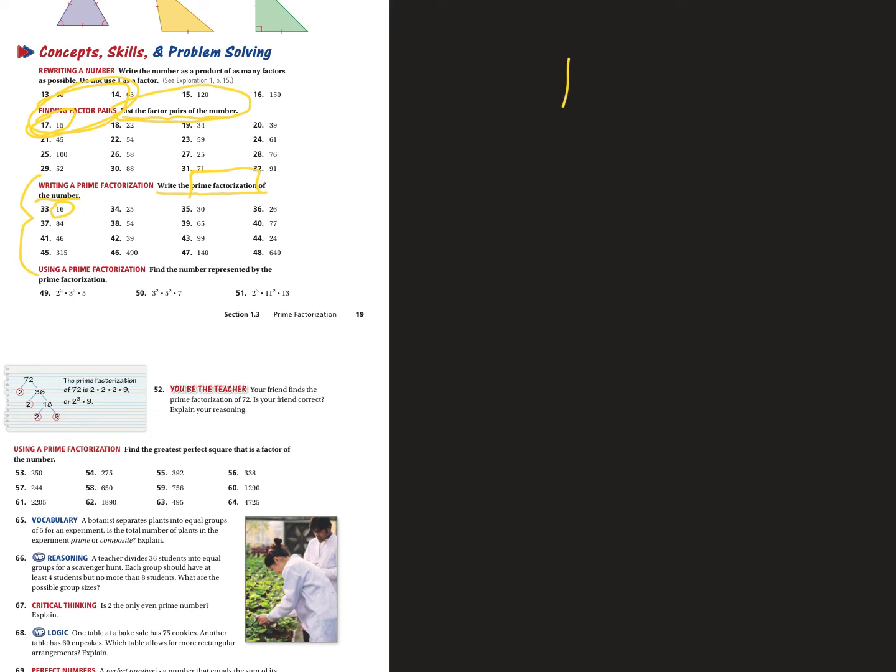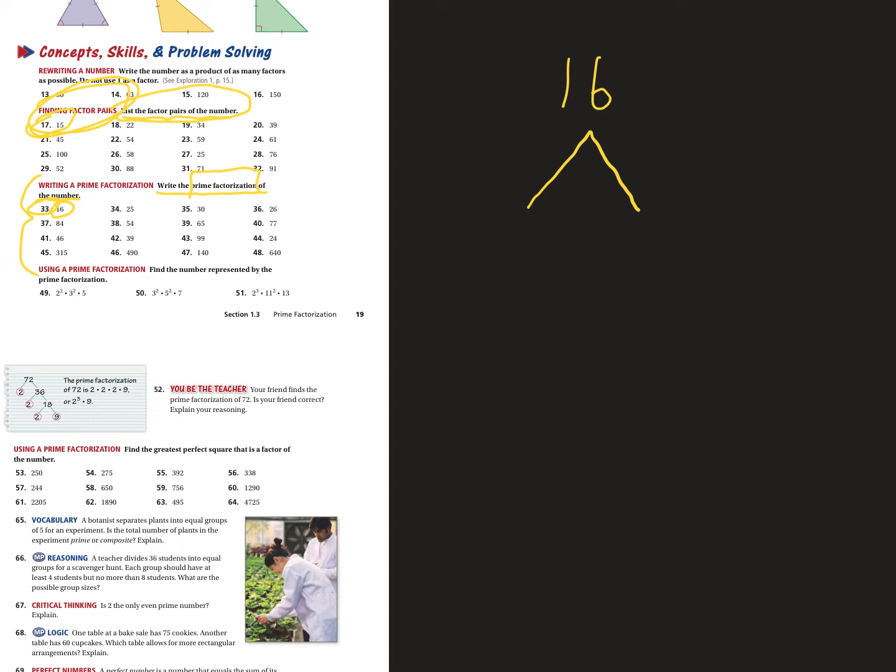We have this number 16, which is question number 33. When you have this number, we're going to start building what's called a factor tree, which maybe you've seen before. For a factor tree, you use this little symbol, this little semi-triangle.